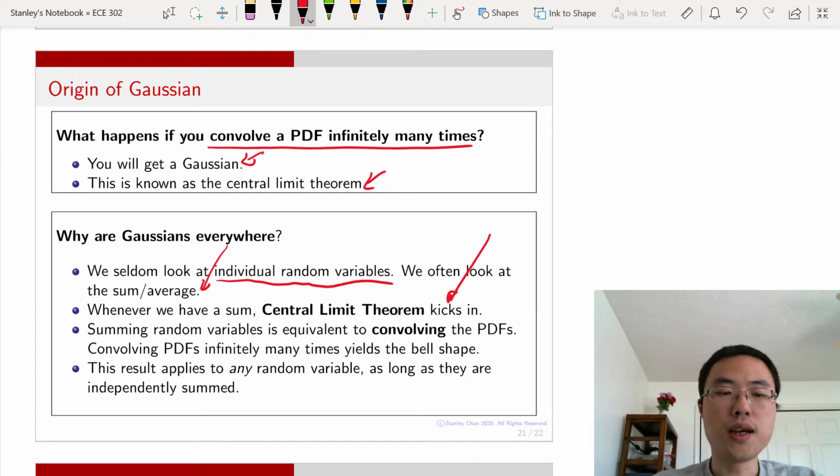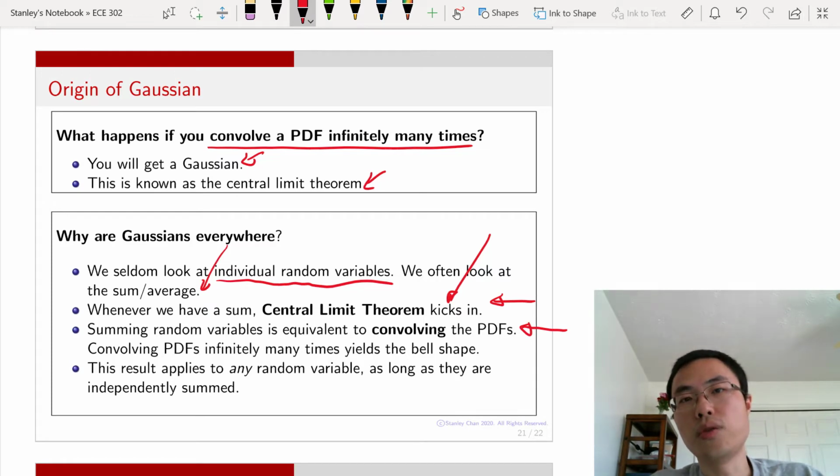There are a couple of things that we have not talked about. One is the meaning of the central limit theorem. As I said, we will discuss it in a later lecture. The other thing that we haven't talked about is why summing two random variables is equivalent to a convolution. I'll show you an example, but I haven't mathematically proved that. We will also do this in a later lecture.